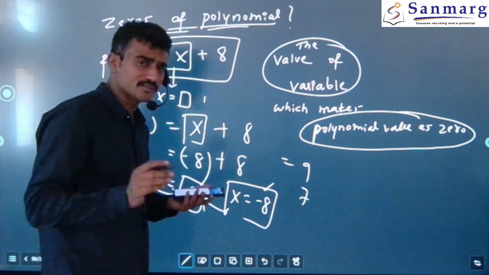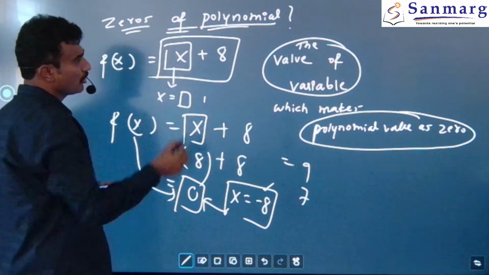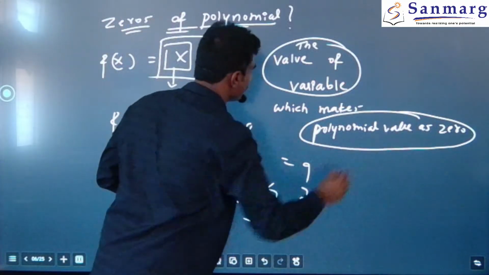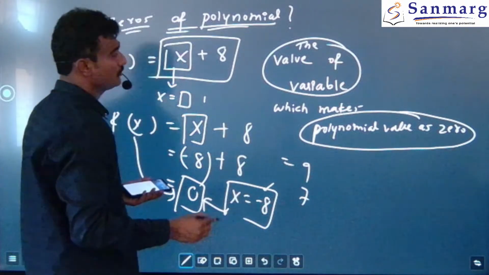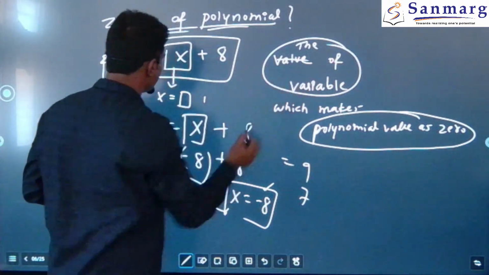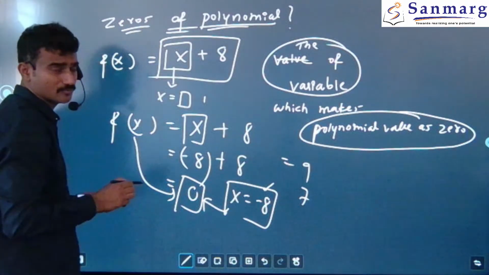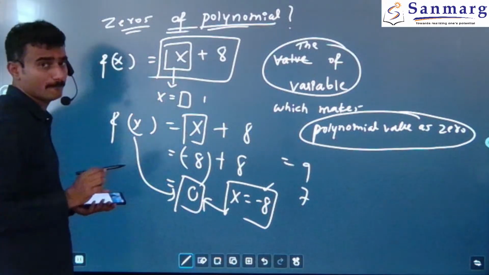I hope you are all understanding what is the zero of the polynomial. The zero of the polynomial is the value of the variable which makes the polynomial value 0. In simple terms, what should I substitute in x to get the answer as 0?